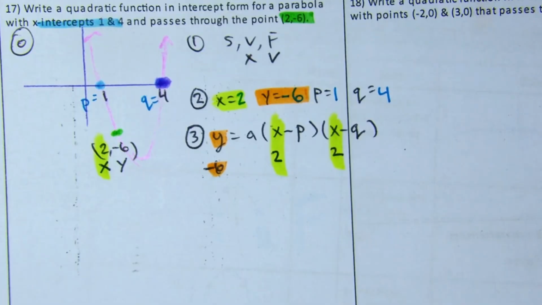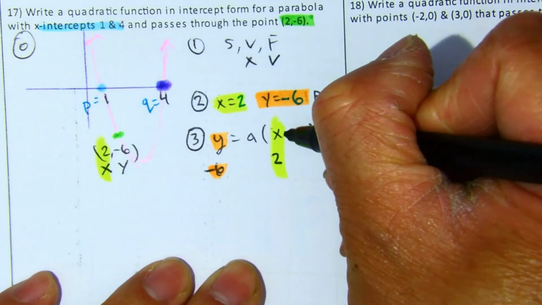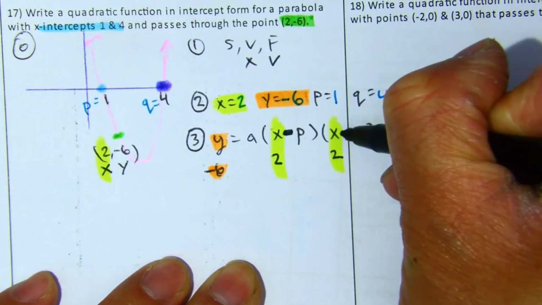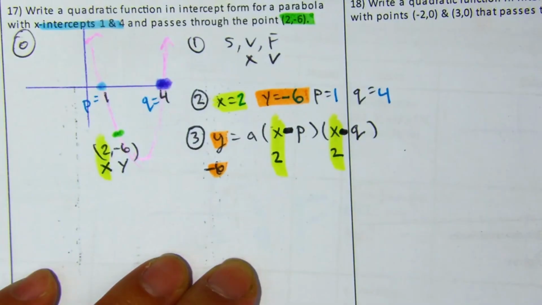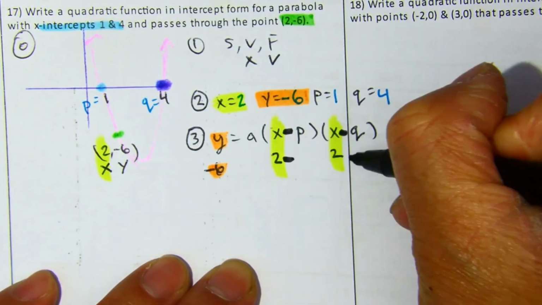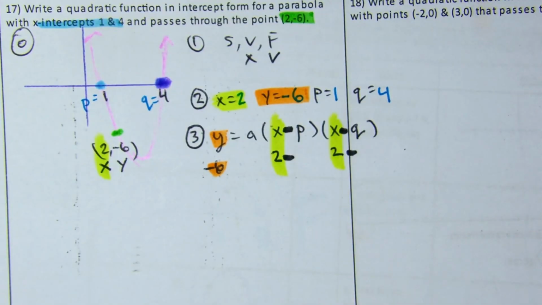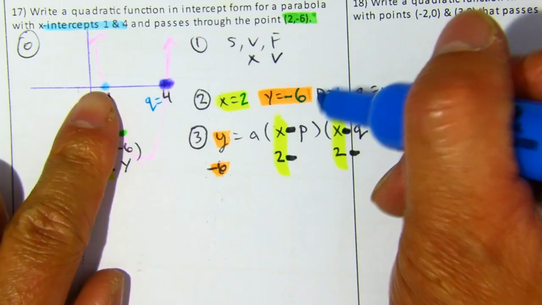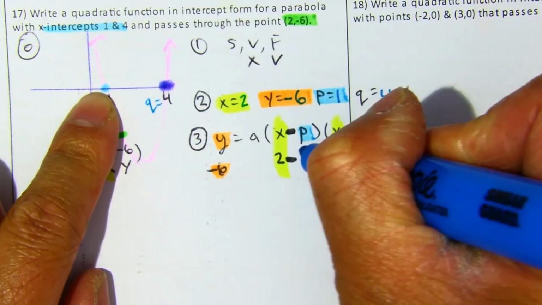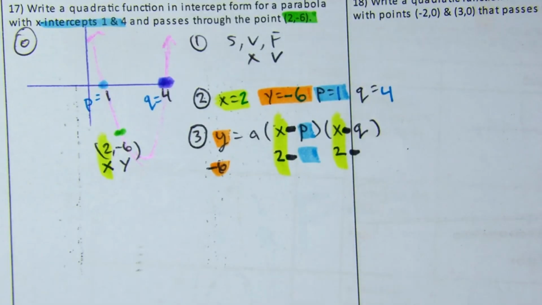The math gods have decided that many of the formulas have a minus sign in them, so we just have to leave the minus sign there for now, regardless of what P or Q is. My P value is blue. P is 1, so I'm going to put that there.